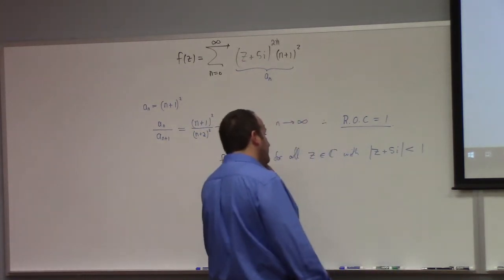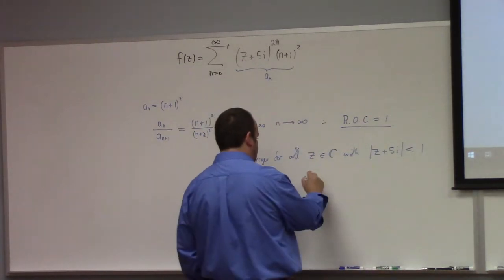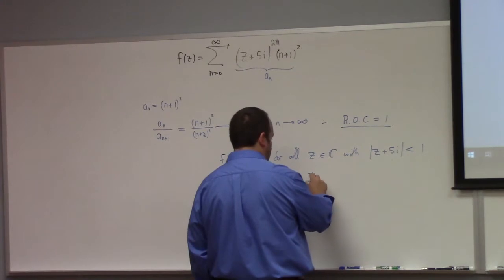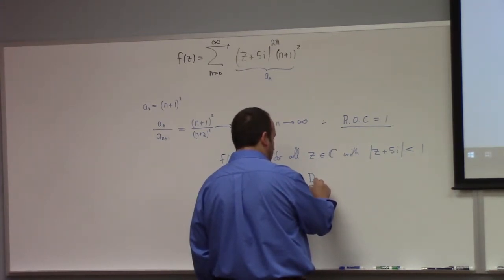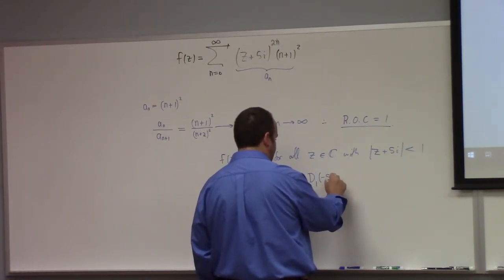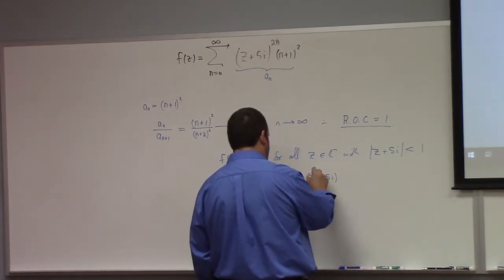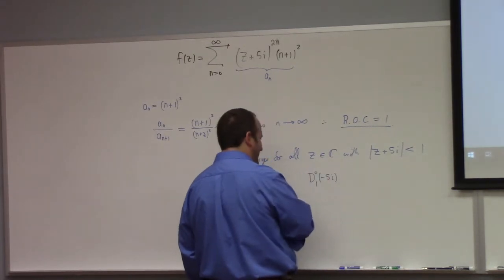So I think my notation for that has been the disk of radius 1 centered at minus 5i, and it's fuzzy, so I think I put a 0 up here, right?